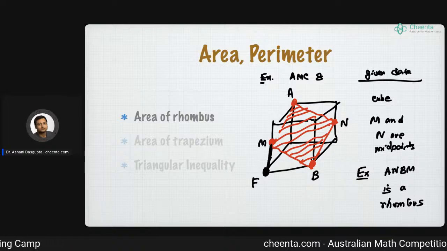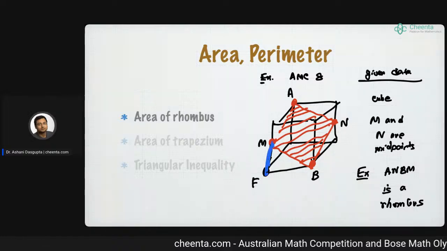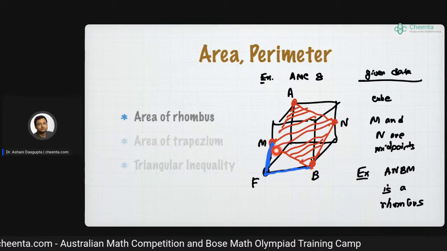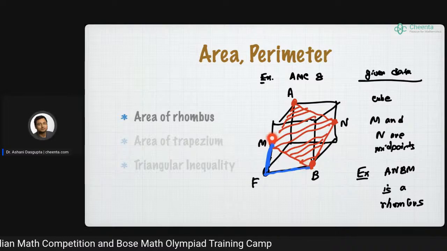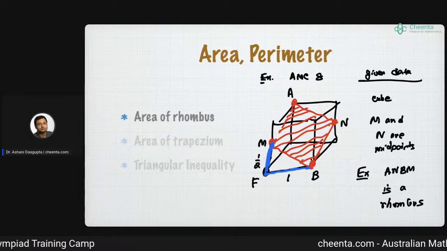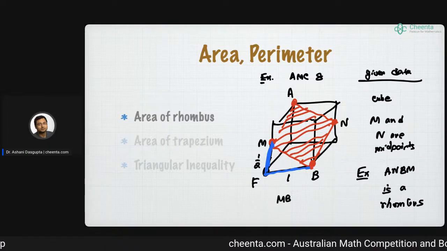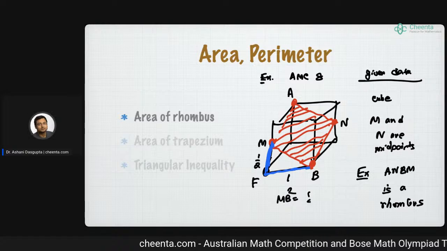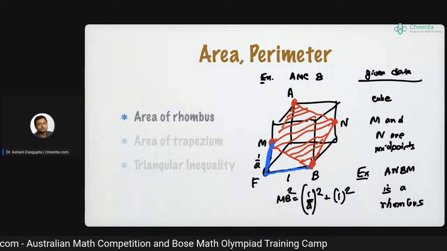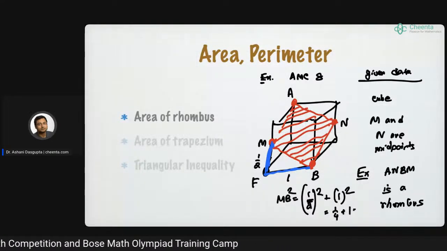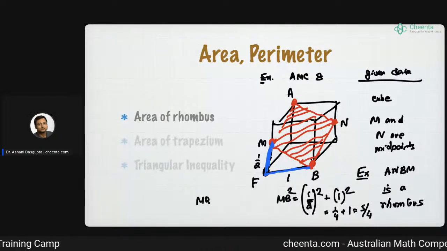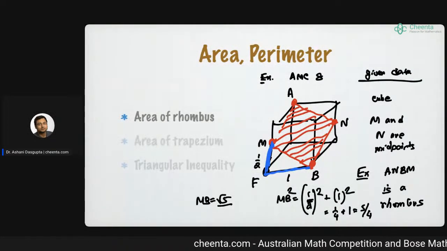If you look at this blue triangle, you will immediately recognize that MB is the hypotenuse of this right triangle. MF is half and FB is 1. So you can immediately compute MB squared as (1/2) squared plus 1 squared by Pythagoras theorem. So 1/4 plus 1, which is 5/4. So in fact, MB is root 5 by 2.